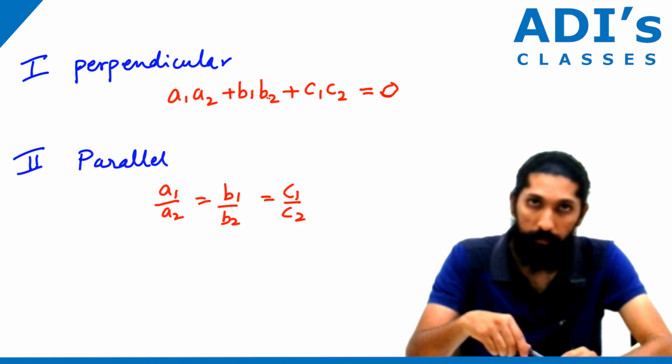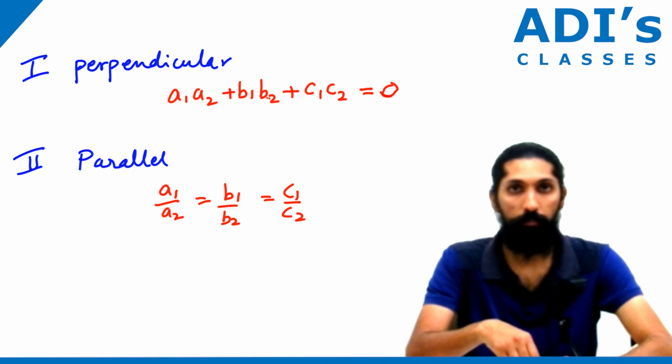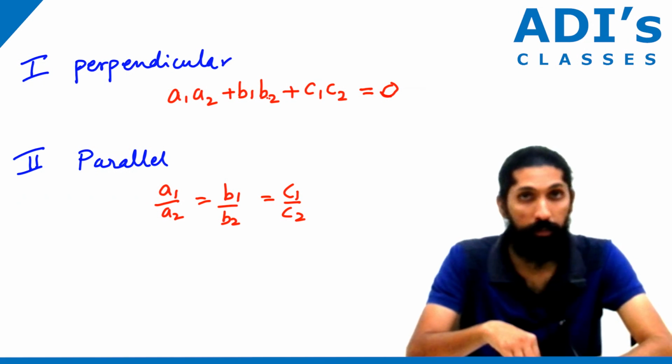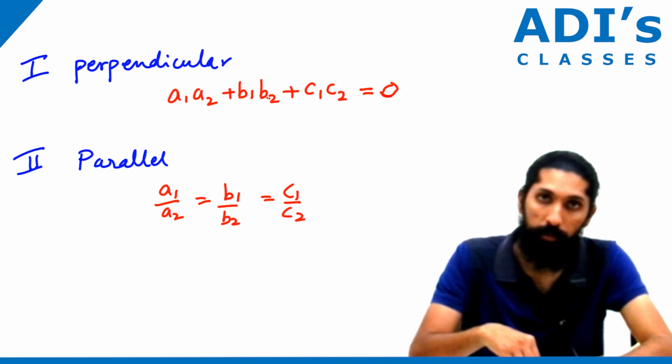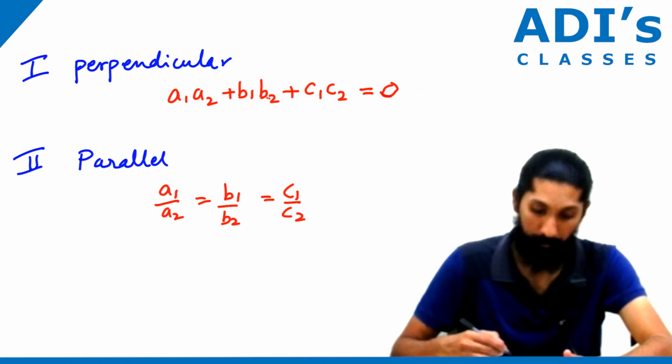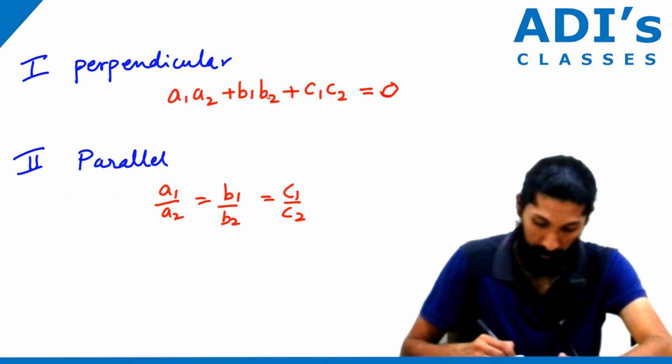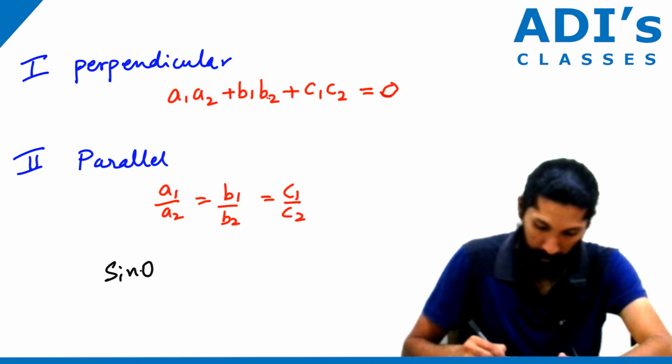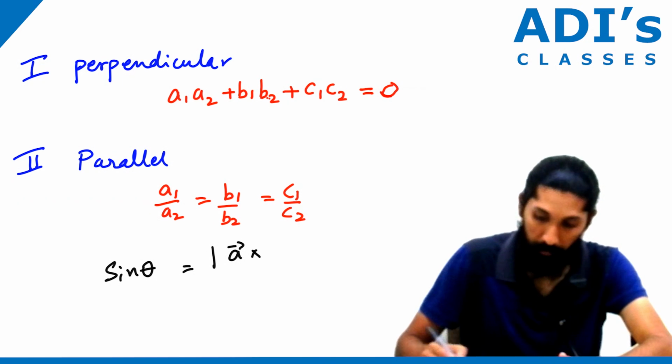Now, if you look at the formula, we can also write in terms of sine theta. But guys, to be honest with you, the sine theta formula is going to be mod of A cross B, or you can say B1 cross B2.